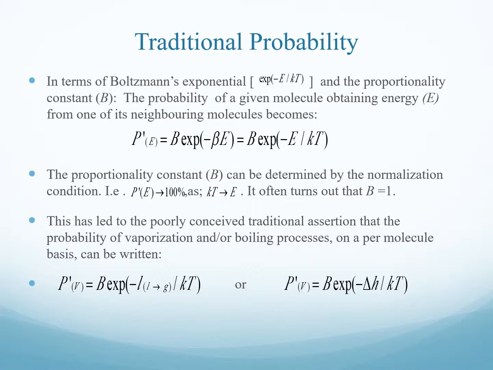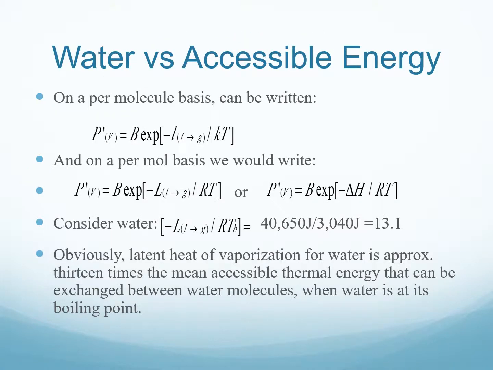The one on the left is written in terms of the latent heat per molecule, negative L, a liquid going to gas, and the other one on the right is written in terms of the enthalpy per molecule. A lot of people like to consider it as enthalpy. I'd rather do latent heat, because there are certain questions that have to be asked about our traditional understanding of enthalpy. Again, I'll start off by writing the probability on a per molecule basis.